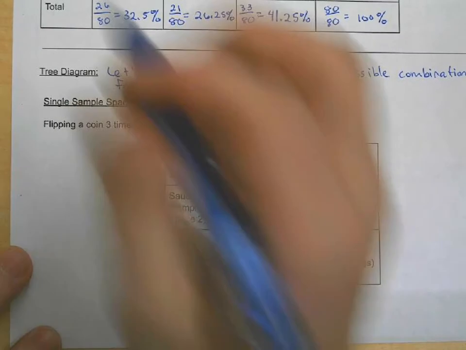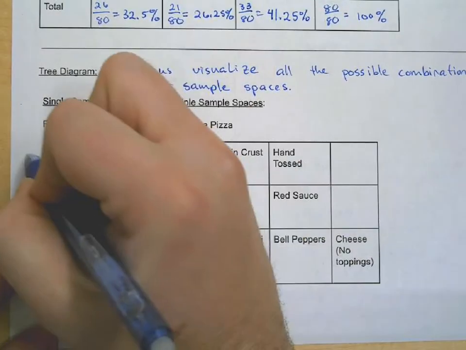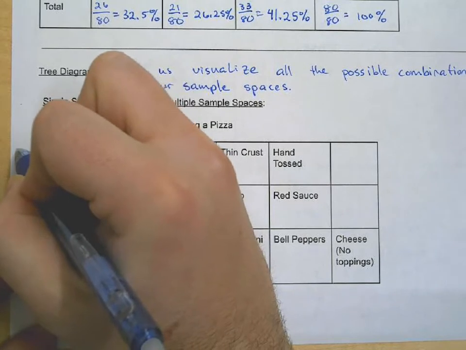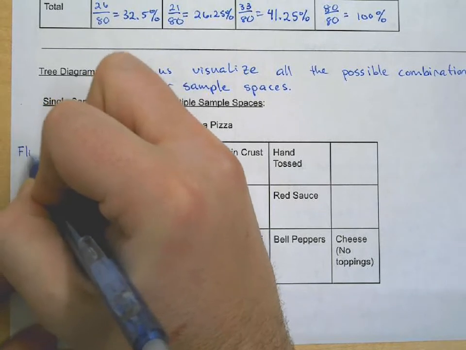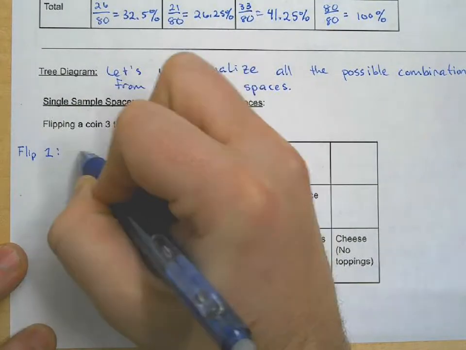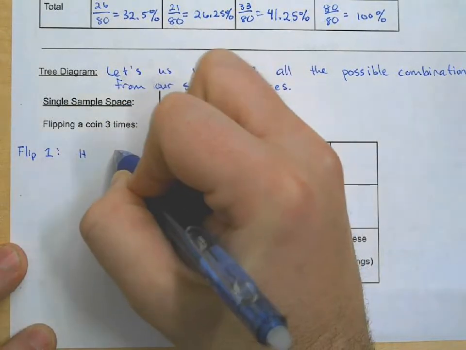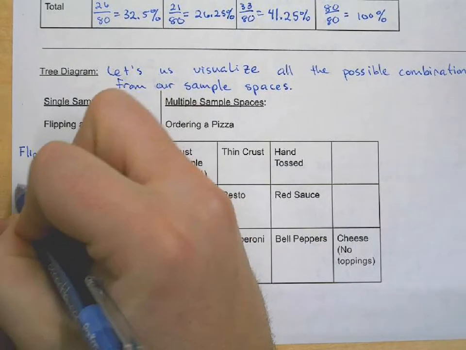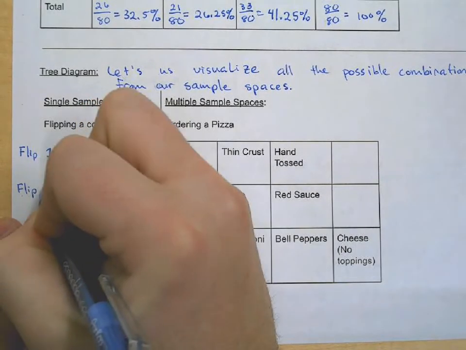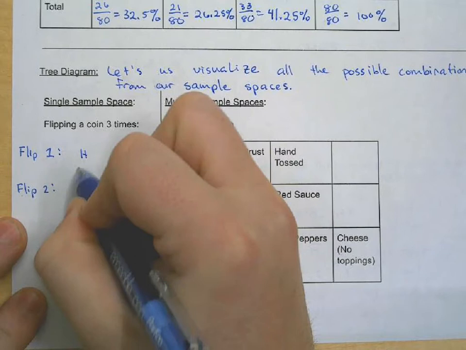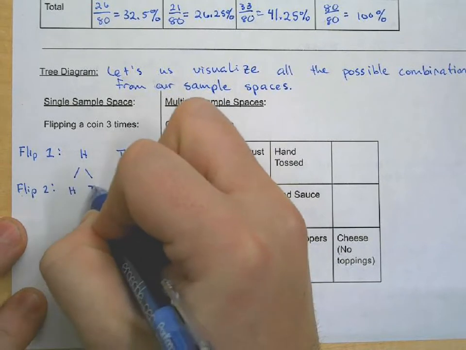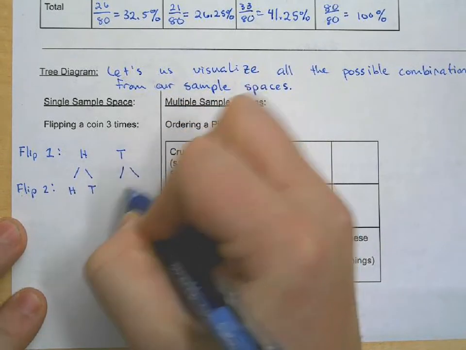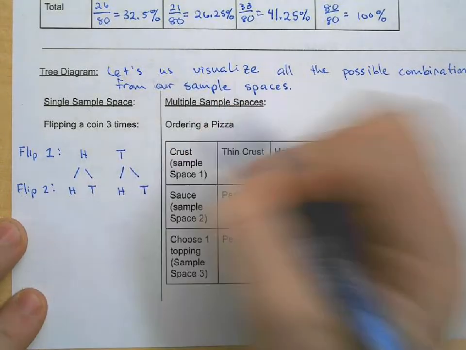If we're flipping a coin 3 times, we know that on our first flip, flip 1, we could get a heads or a tails. Then on my second flip, after I got a heads, I could get a heads or a tails again. And after I got a tails my first time, I could get a heads or a tails.